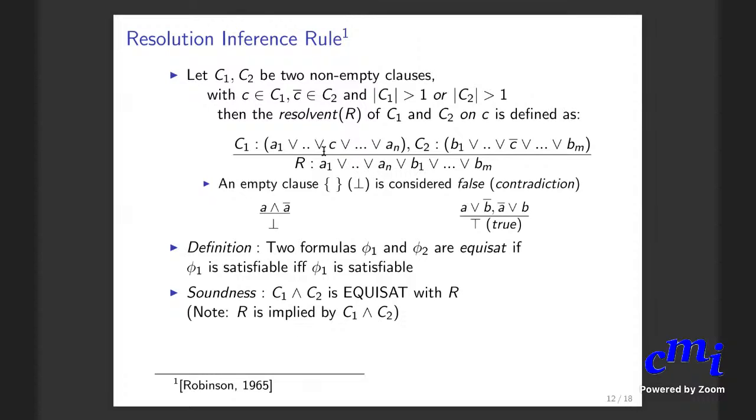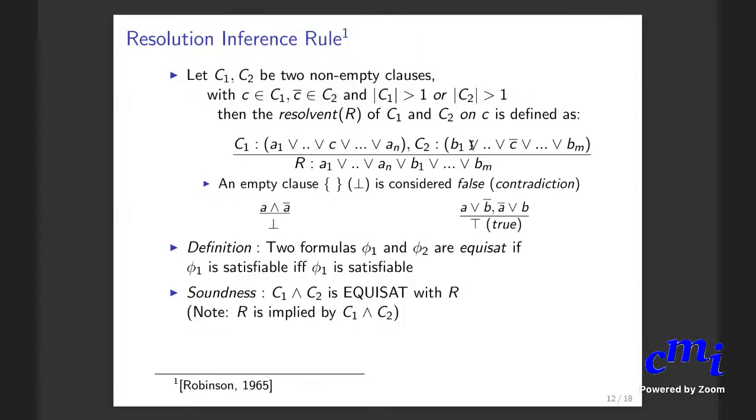It follows as a consequence of C1 and C2. You can see why this is the case. Suppose C1 and C2 is satisfiable. We have to show that then R is satisfiable too. So what is the way to satisfy C1 and C2?